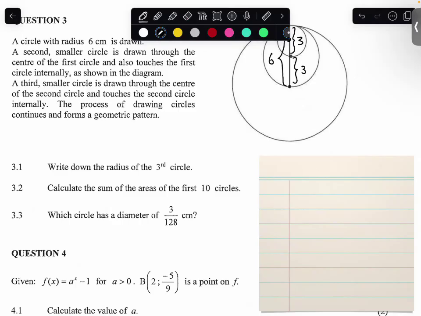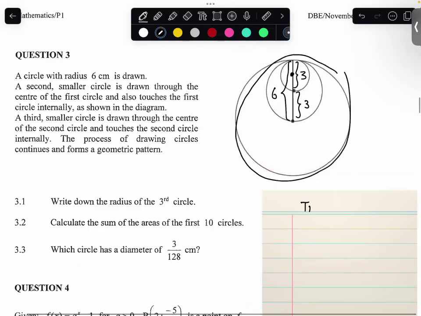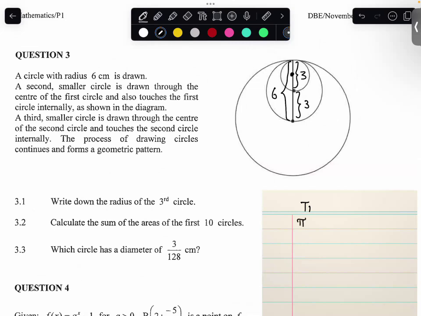So area T1 of the biggest circle, the outermost circle, is pi r squared. So it's pi into 6 all squared, which gives me 36 pi. T2 is pi r squared also, but r in this case is 3.